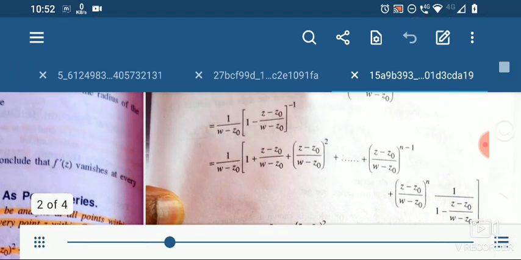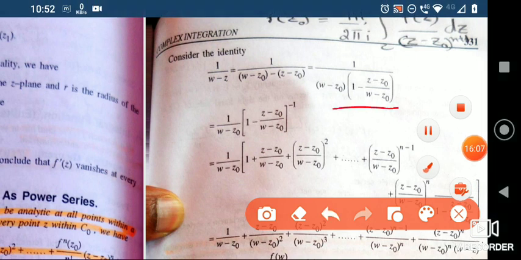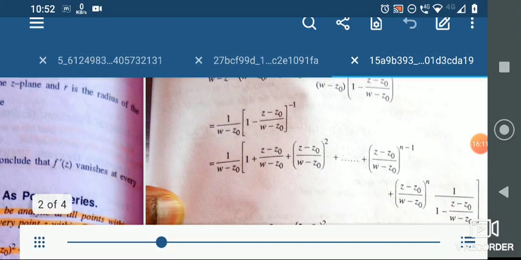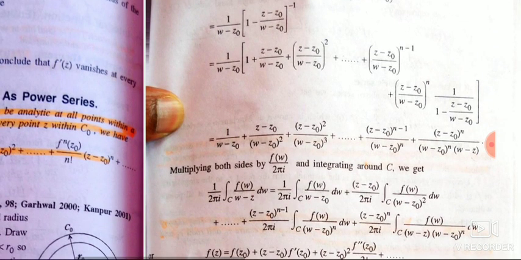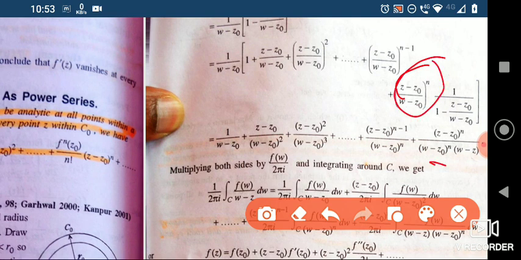That is nothing but, just see here, 1 by w minus z. So that's what we got here. The remaining one is the same, whatever it was there, z minus z0 divided by w minus z0 power n, and we got here w minus z. Okay.